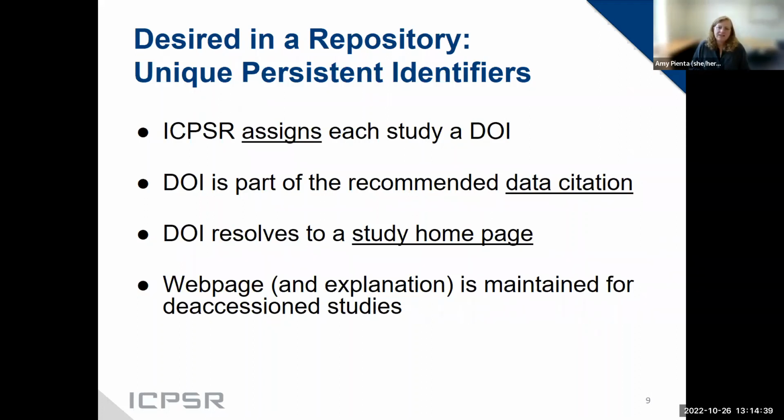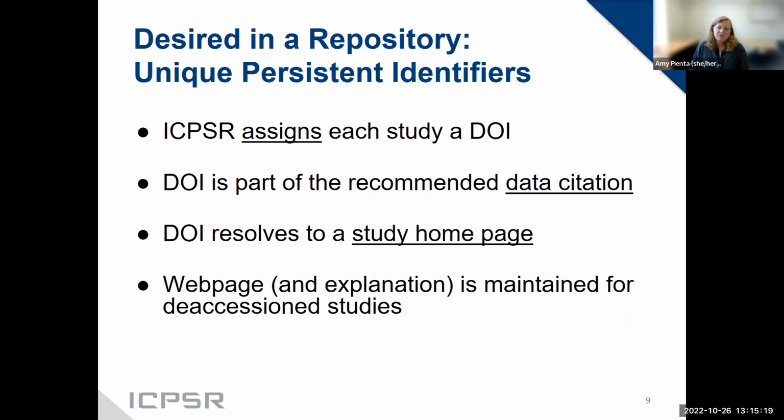It allows for all of the dots in the ecosystem of a study to be connected when the same persistent identifiers are referenced from a part of a study to another part of a study, so data to a publication, for example. ICPSR, when it is publishing data, assigns a persistent identifier to that study. We use a DOI, a digital object identifier version. This is also part of the recommended data citation that we present to any users of the data.